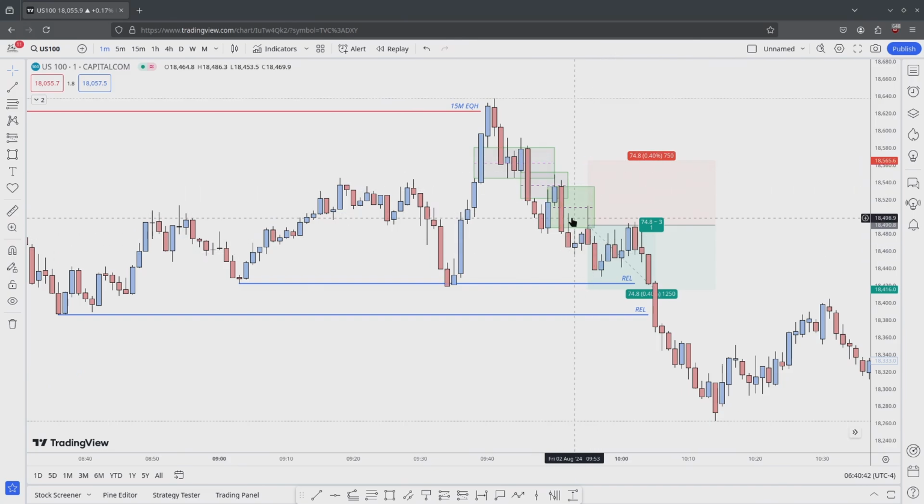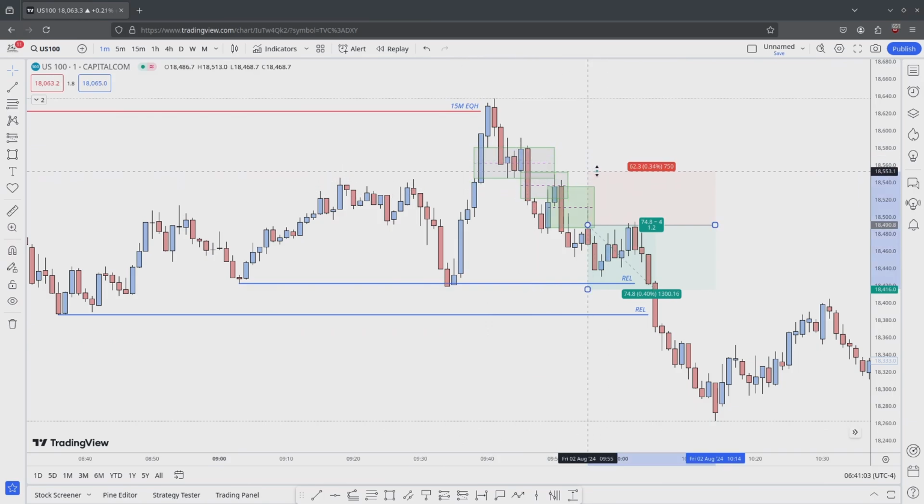The stop here, we have the order block. We have a very, very small fair value gap in here. And we have the inversion as well as fair value gap above us. So the stop would be right in that area over there.